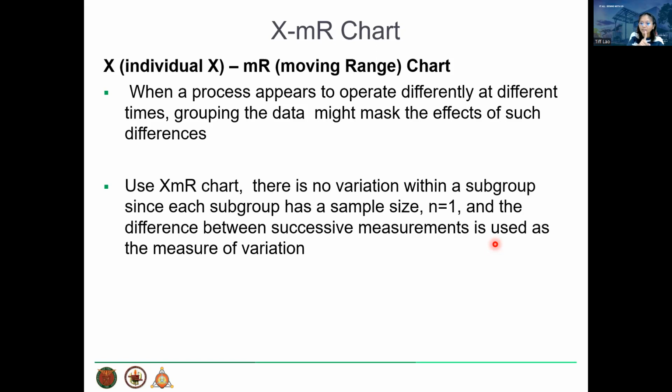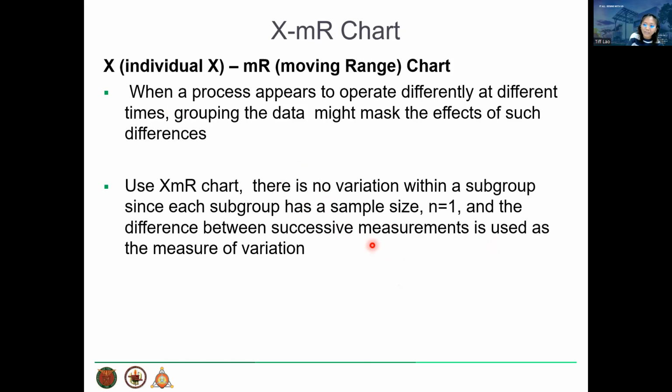Okay? 1 observation ka lang. Klaro? Para pag more than 1, mga 2 to 15 na, gagamitin mo na is either X bar R or X bar S. Ayun. So again, this is used for number of observation equal to 1.